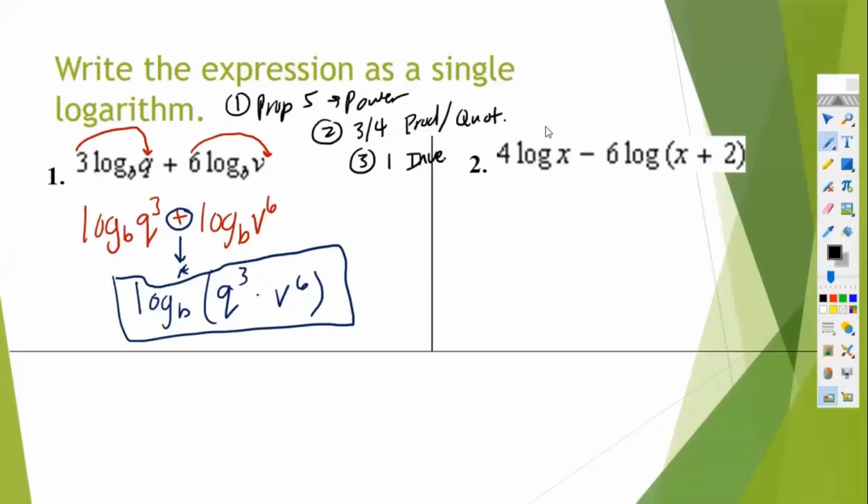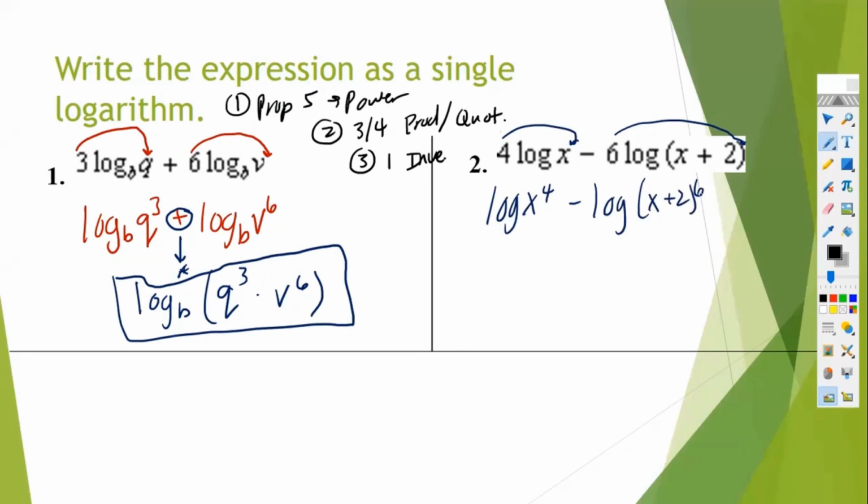Okay, let's quickly go over it. So checking property 1. Can I apply property 5? Yes. You get a 4 as your power and you get a 6 as your power. So that gives me log x to the 4 minus log x plus 2 to the 6. You cannot distribute over addition and subtraction.